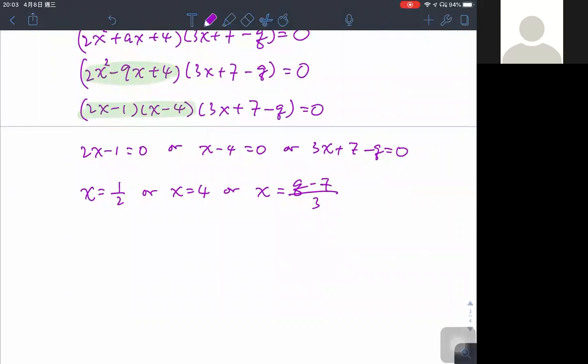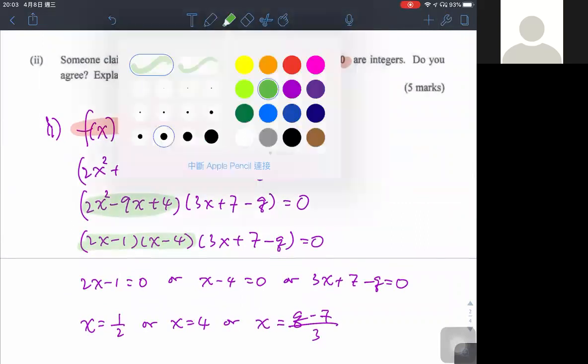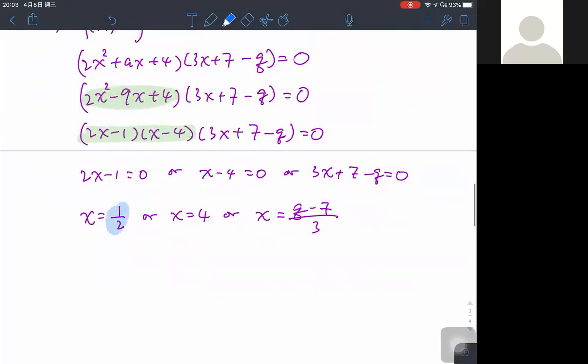Now, although we don't know the value of q, you can see that the question says someone claims all the roots are integers. Okay, please pay attention to the words: all the roots are integers. So you see that the three roots are 1 over 2, 4, and (q minus 7) over 3. Now again, although I don't know what q is, I know that 1 over 2 is not an integer.